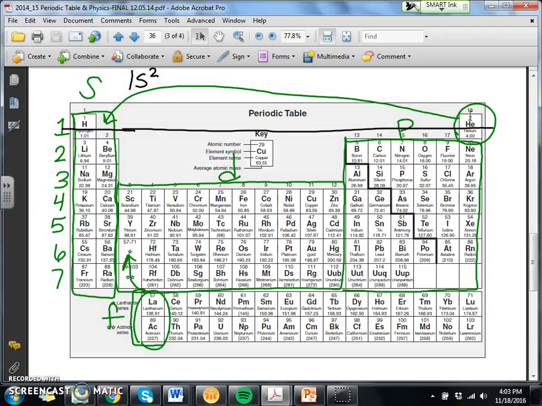Whenever you're done reading one line in a book, you go to the next one. I'm starting at energy level 2, sublevel S, and there are 2 boxes. So it'd be 2s2. I keep going and I get to the P sublevel. So I write 2p6.